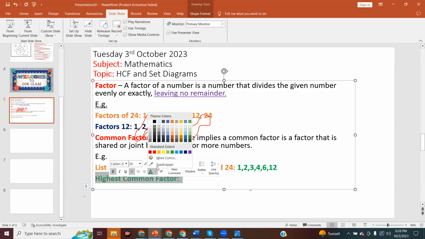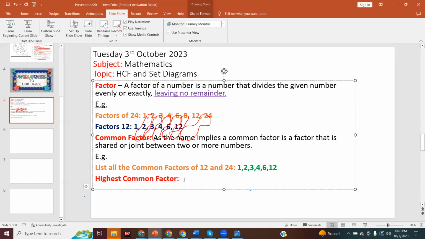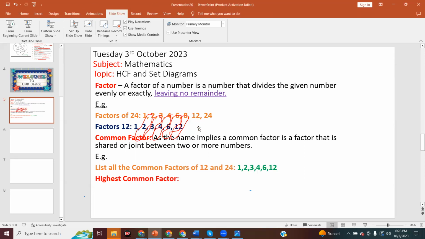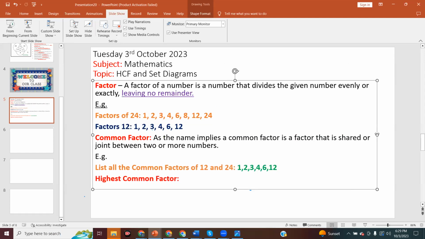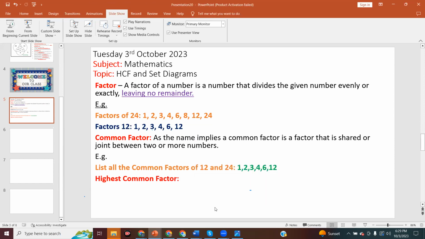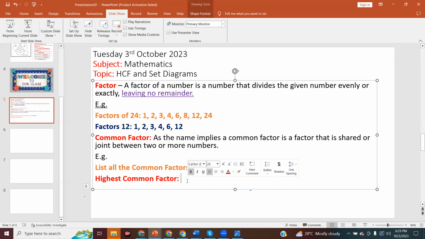What does that mean? The highest factor that is common in both numbers. All right. 12.